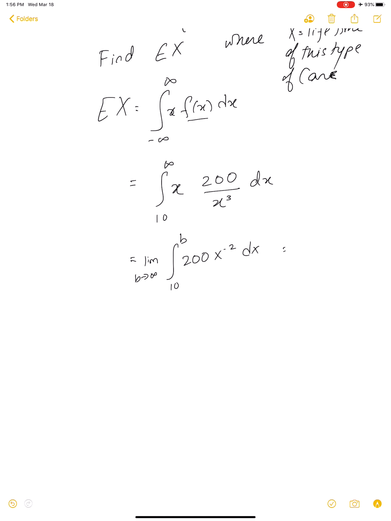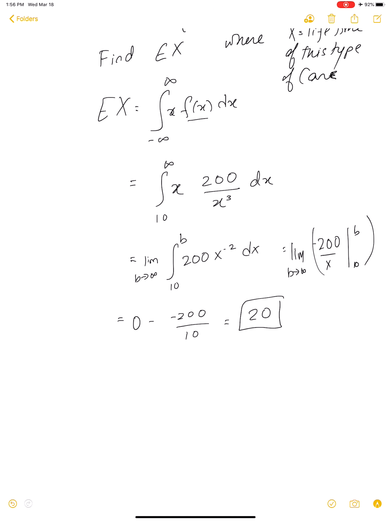This is minus 200 over x, and you're going from 10 to b, take a limit as b goes to infinity, and that'll be 0. You plug in 10 and you'll have minus of minus 200 over 10. So what will this be? The expected lifetime of this car is 20. Okay, so just showing you this.